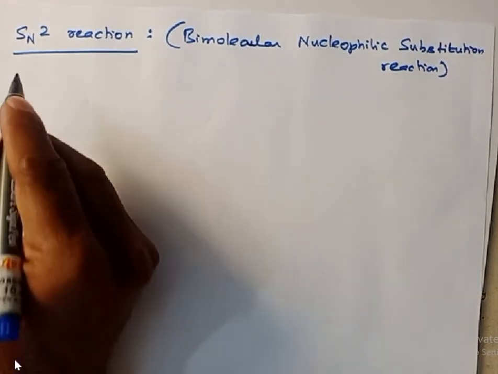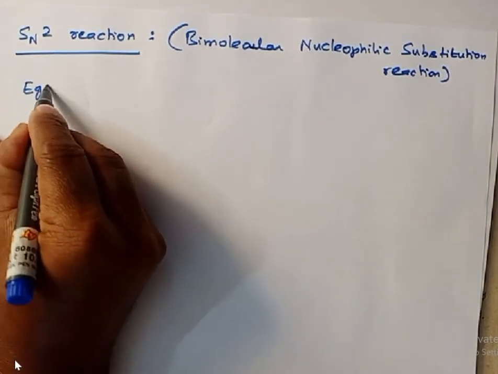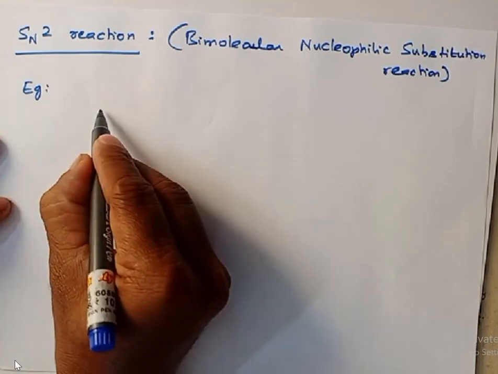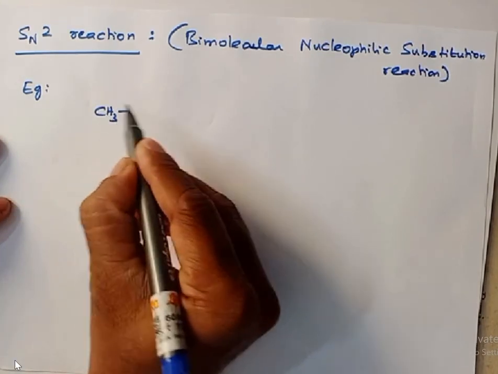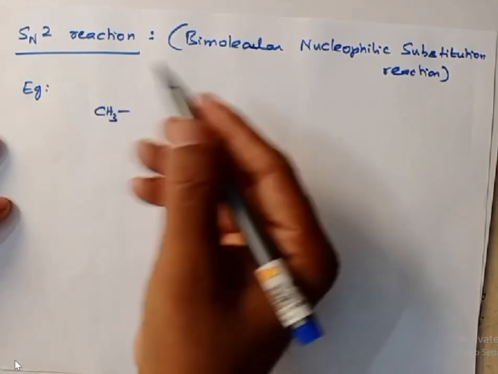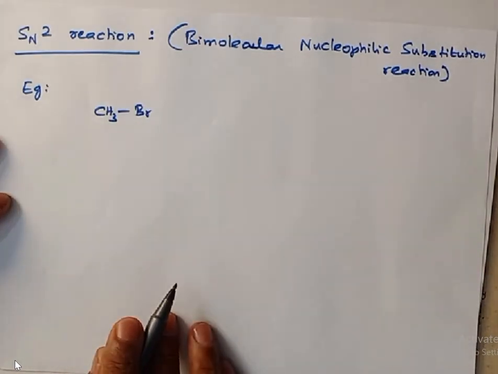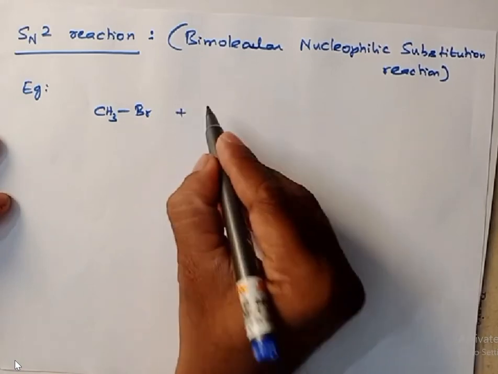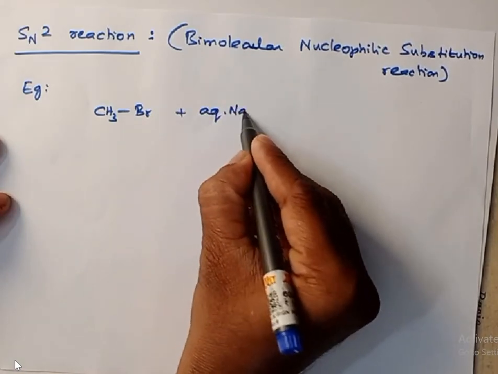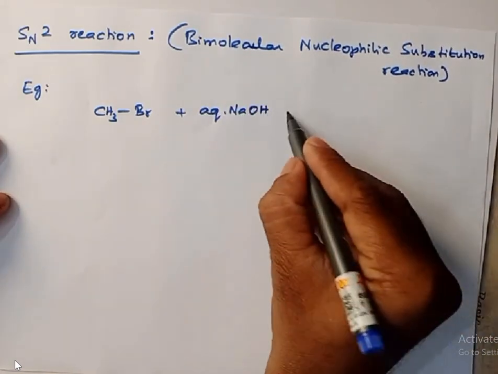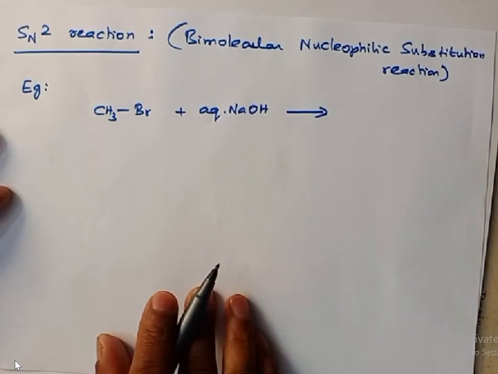I'll take an example for this. The best example for Sn2 is methyl halide. You take methyl halide or any primary halide. Let me take methyl bromide. To this, add aqueous sodium hydroxide. Now, what will happen?